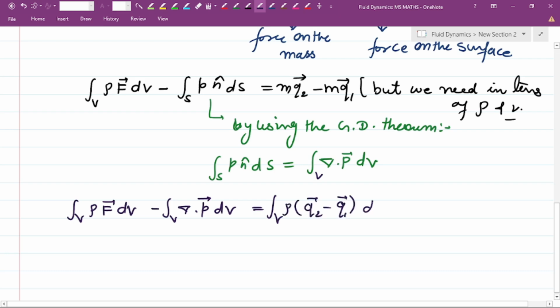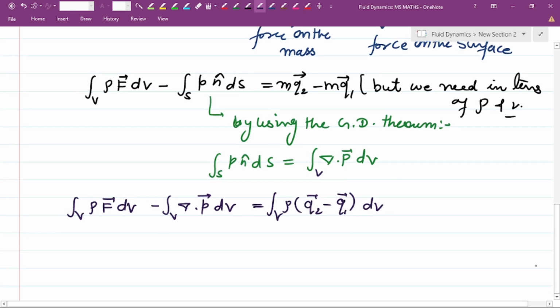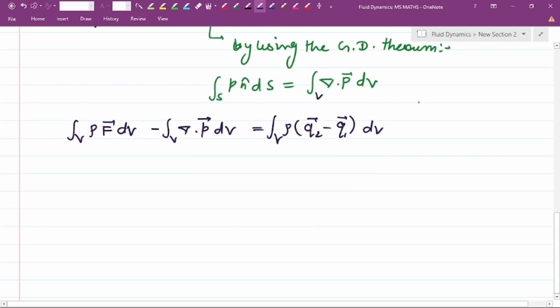In the form of rho and V, because m is basically, what is density?